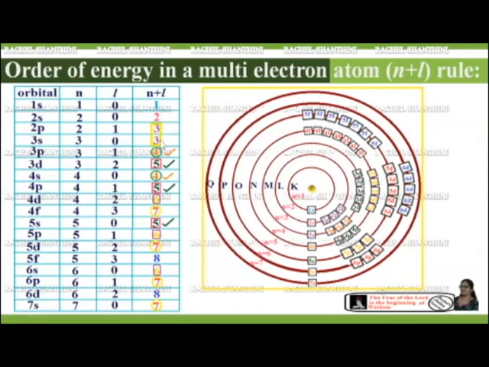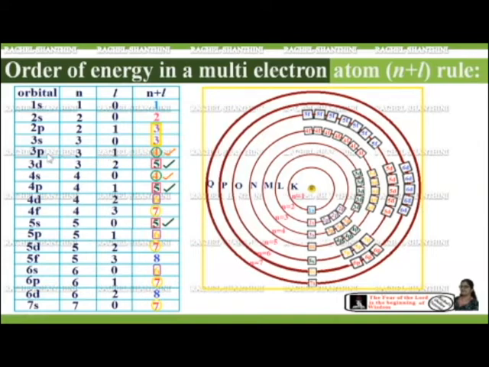When you notice these two values, the n plus L value is 3 for both the 2p orbital and the 3s orbital. For such cases which have the same n plus L value, the orbital with the lower value of n will have the lower energy.